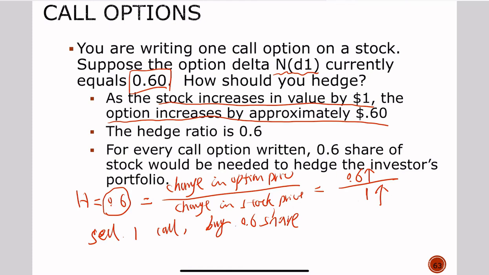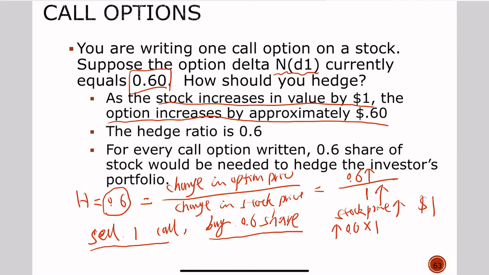Think about this. Let's say if the stock price increases by 1, now you have a short position of one call, and you have 0.6 shares. Then you can see that the value of your total position in the stock will increase by 0.6 by 1, right?